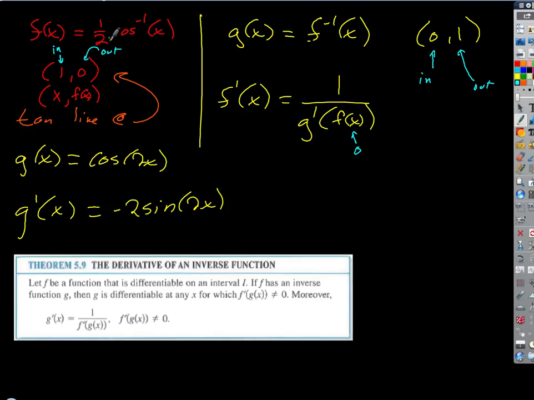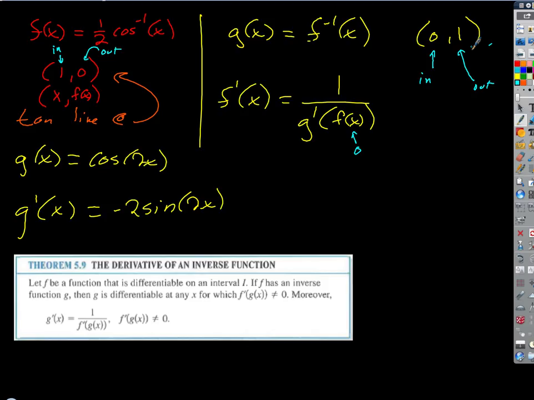So we'll do a trade here. We'll say, okay, the derivative of f of x at this point is the same thing as the reciprocal of the derivative of its inverse at the corresponding point for the inverse, right? At the cousin point, the reflection about the line y equals x, right? See, that's a good trick.